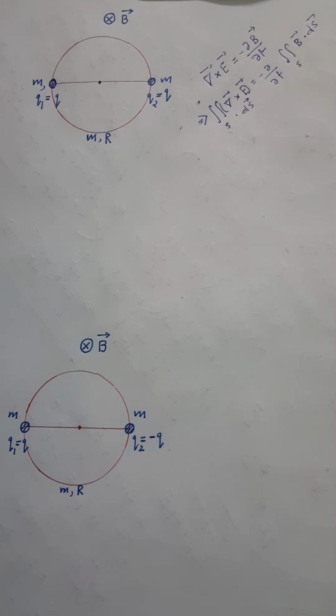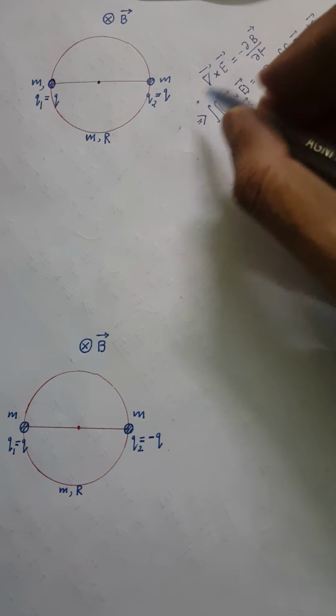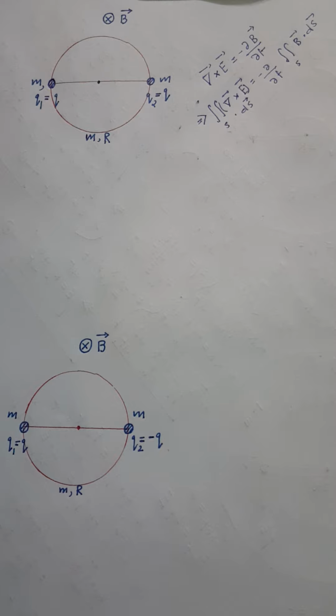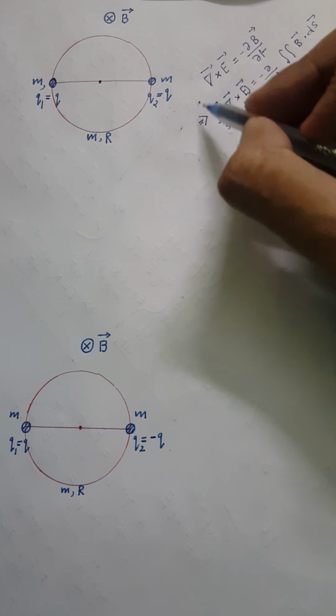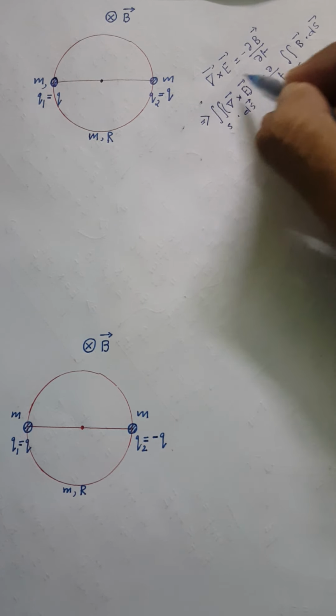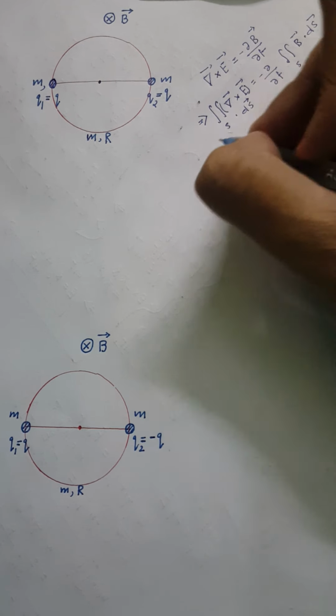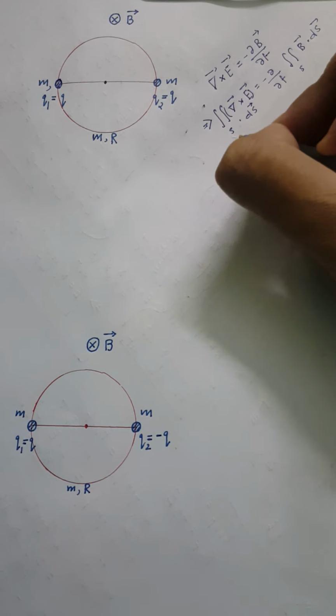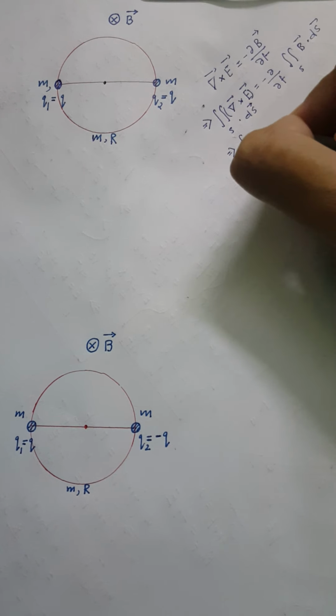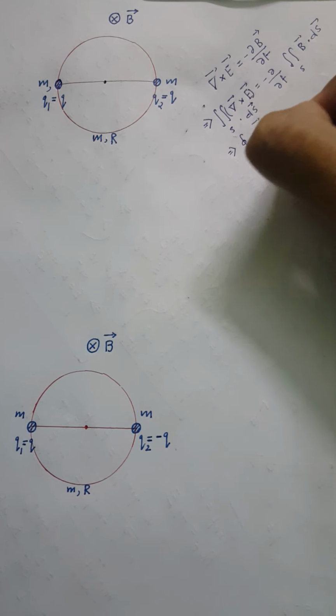What is this? This is nothing but flux. Okay. And by Stokes integral theorem, this surface integral can be converted to a line integral. So curl of E dot ds, this can be expressed as E dot dl.